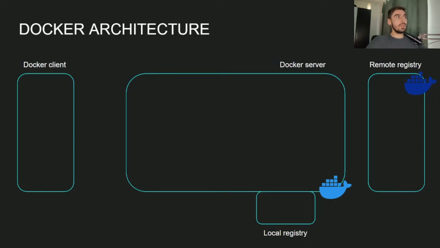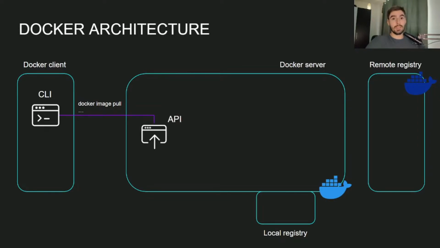So in the leftmost box, we have the Docker client, and initially, let's say we use the CLI, where we run the docker image pull command. And when we run this command, the API from dockerd will receive the request, and it will actually try to get the image manifest initially from the local registry.